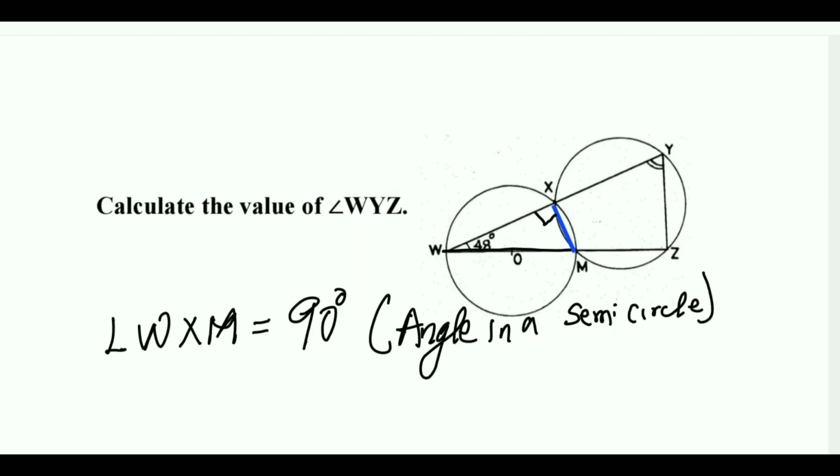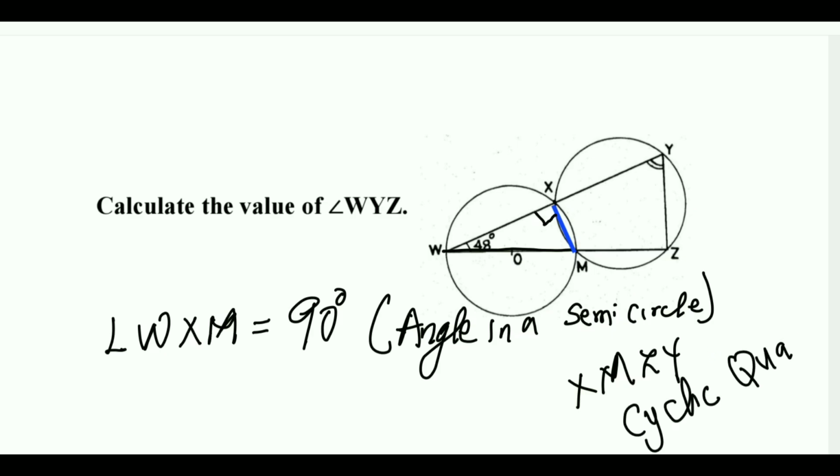Okay, now I haven't done that. Because of that blue line, I now have a cyclic quadrilateral XMZY. XMZY is a cyclic quadrilateral.